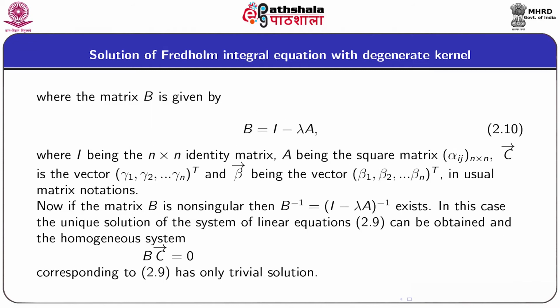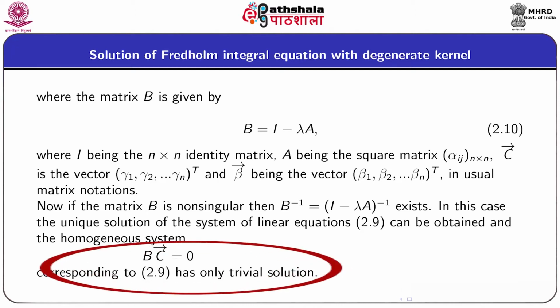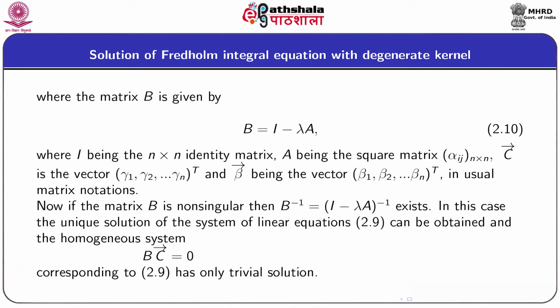If the matrix B is non-singular, that means B inverse will exist and the corresponding homogeneous system given by this equation has only the trivial solution.